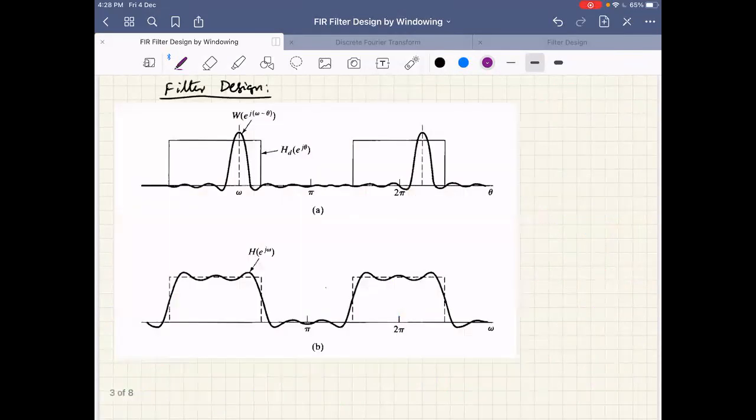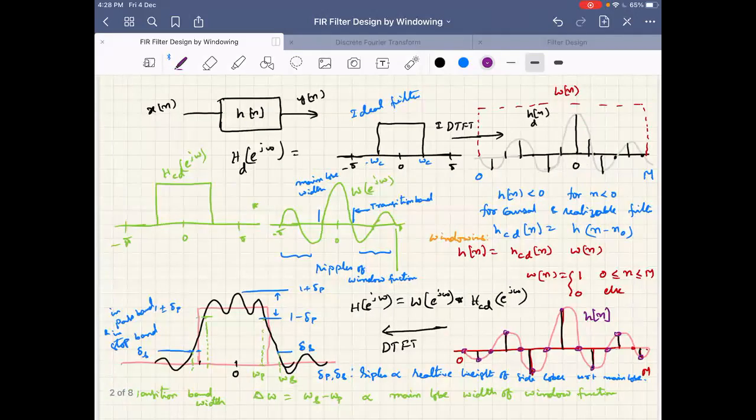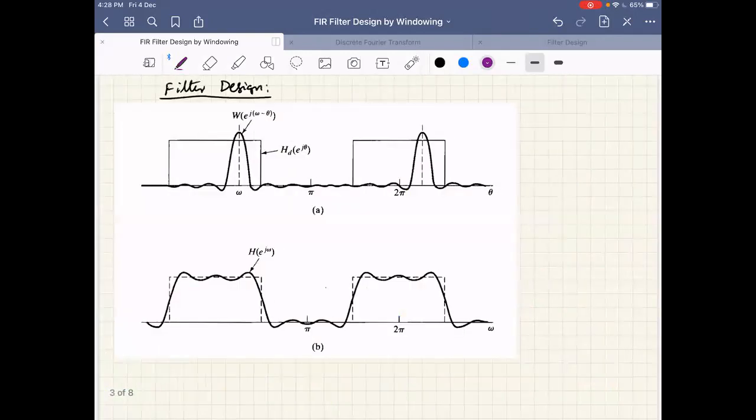Fine. So now let us see these details in more depth. What we discussed in the previous slide is summarized here. You can see that this is the Fourier transform of the window function. When we convolve the Fourier transform of the window function with the ideal frequency response, what we get is this.